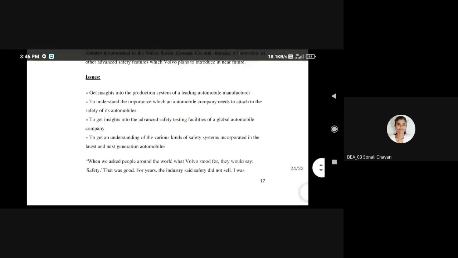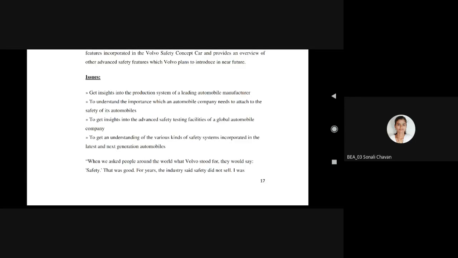Our survey is always before manufacturing, so we can change the product or increase the quality. Now, to understand the various kinds of safety systems incorporated in the latest and next generation of automobiles.